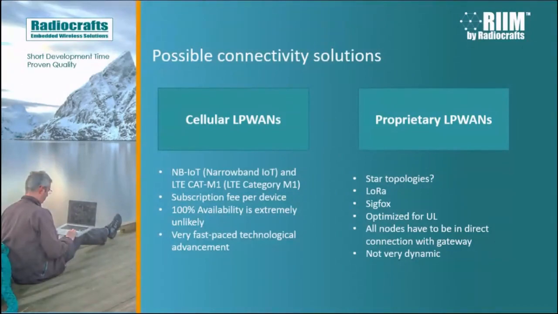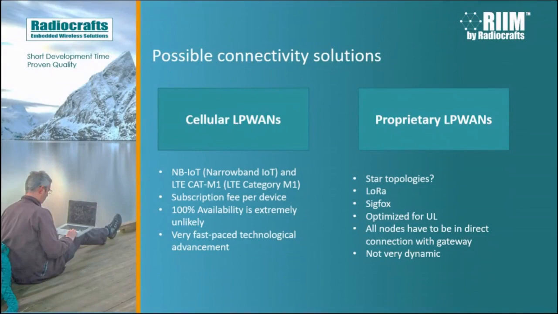So you might install a cellular LP-WAN in your street lighting network, then find out 3, 4, 5 years later that there's a new technology, and the base stations of your cellular provider don't support this technology anymore. Then that will be a very big problem. So I guess it's not always nice to have such fast-paced tech advancement.